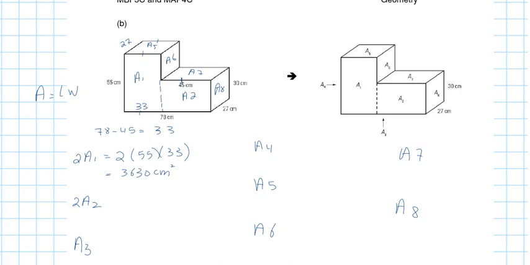30 by 45, right? So I have 30 by 45. Is it 2,700? Yeah.